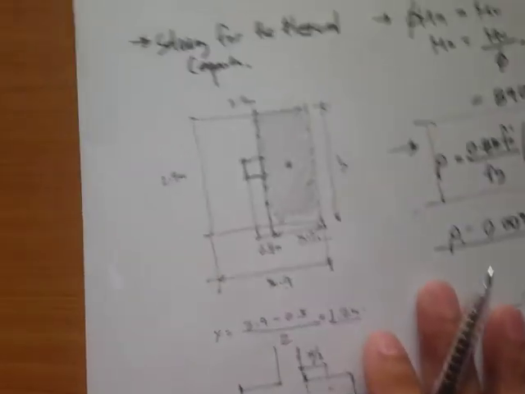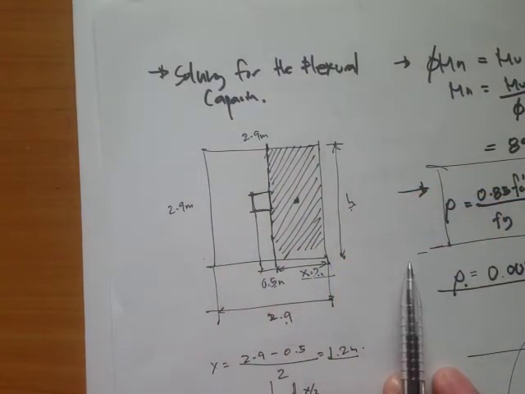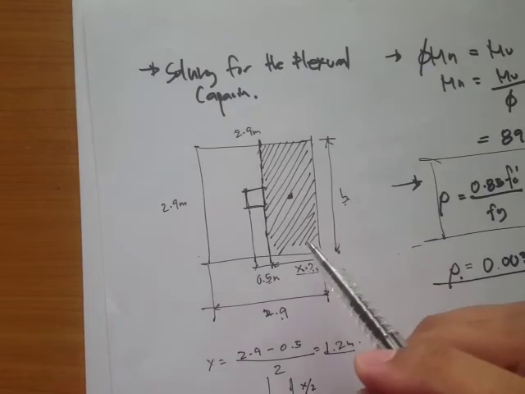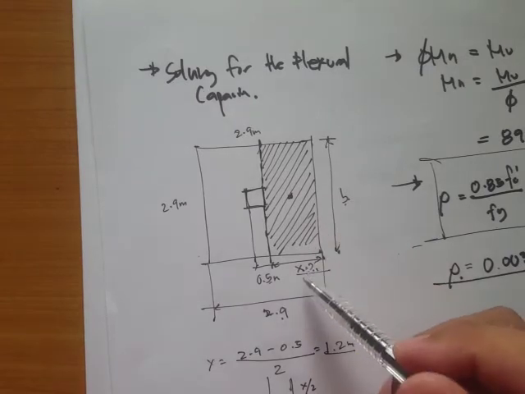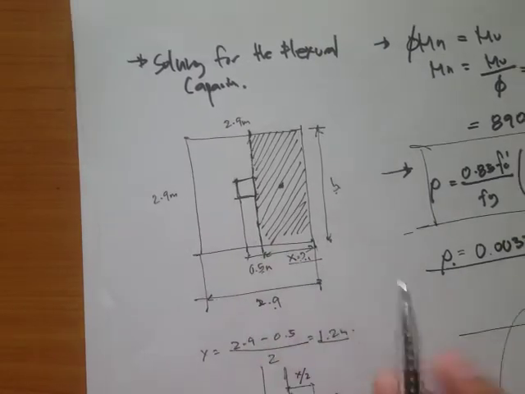Okay, so the next step that we did is to solve for the flexural capacity. Now we already have the area, and now we have the thickness. So the next step is to solve for the required steel area, so that we can determine how many bars we're going to put in our footing.